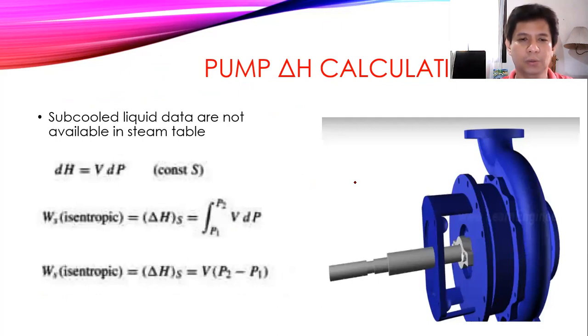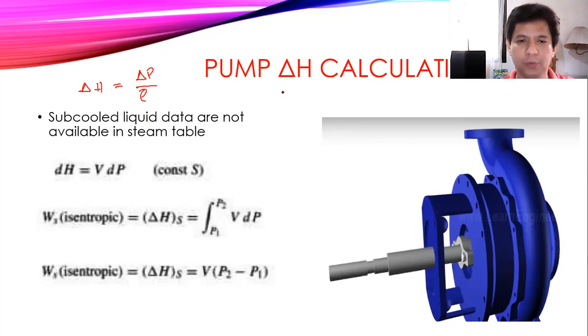Okay, so if you still remember your fluid mechanics, we usually calculate delta H in terms of change in pressure as delta P divided by rho. You still remember this. So basically this equation is coming from the definition of enthalpy, no?